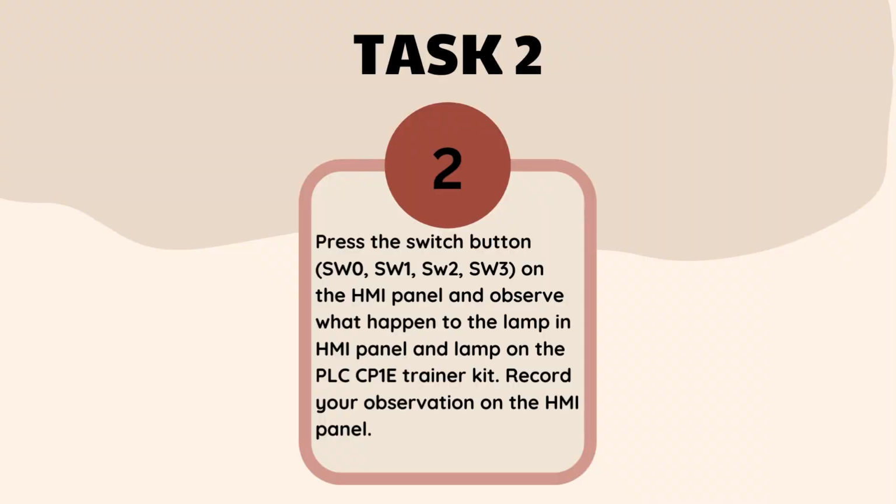For task 2, press the switch buttons, switch 0, switch 1, switch 2, switch 3 on the HMI panel and observe what happens to the lamps on the HMI panel and the lamps on the PLC CP1E trainer kit. Record your observation on the HMI panel.